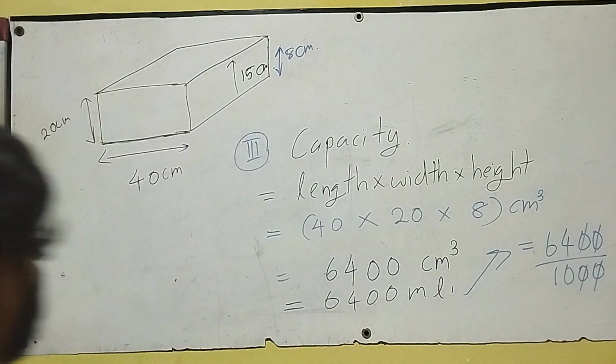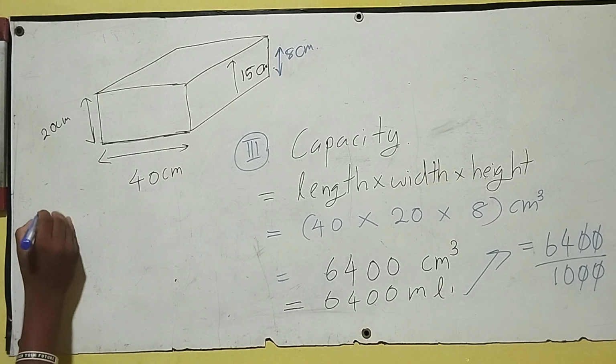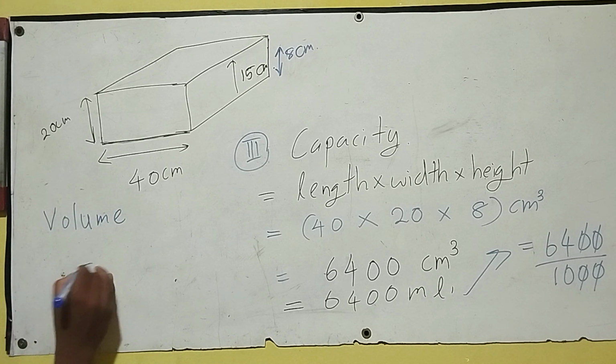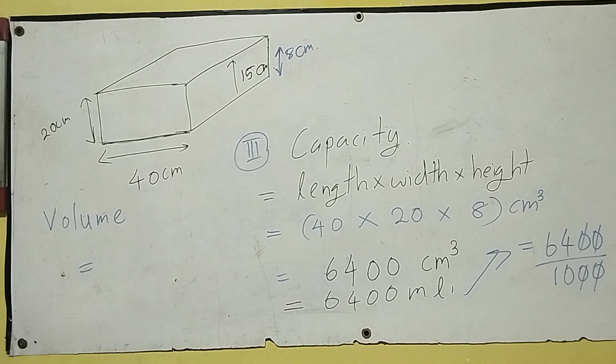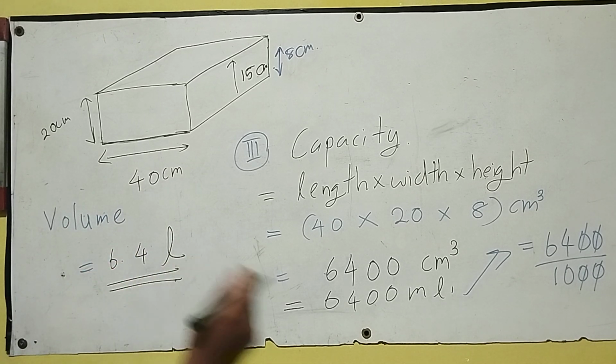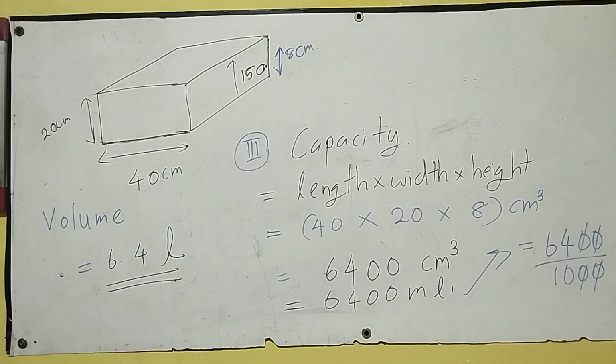This one I will write in this place, I don't have enough space. The volume we can obtain is 6.4 liter according to this one. This is the final answer, 6.4.